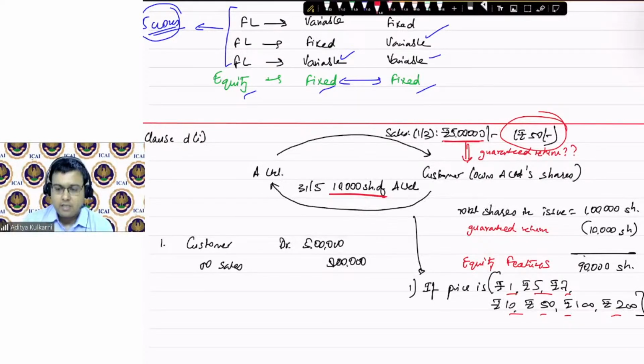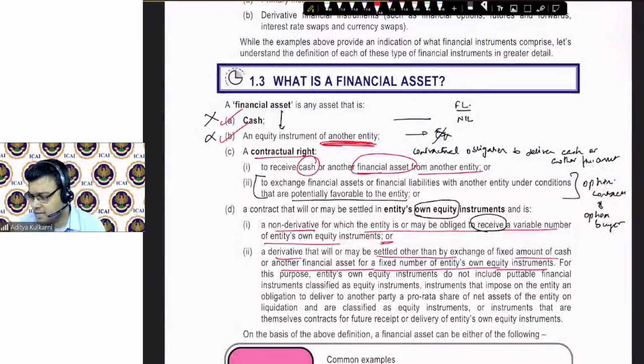That means I have to eliminate 10,000 shares equivalent from the definition of equity, because against 1 lakh, I am giving a guarantee for 10,000 shares. Did you understand this? Is it clear?